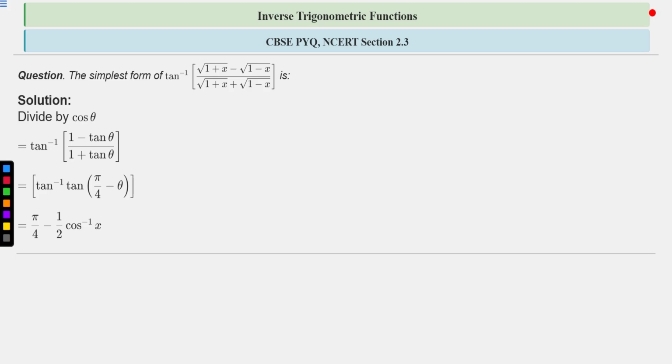So now tan inverse tan of (pi by 4 minus theta) can be written as pi by 4 minus theta, right? Clear? And finally, we will put the value of theta. So the final expression will be pi by 4 minus 1 by 2 cos inverse x. Clear? So our answer is pi by 4 minus 1 by 2 cos inverse x, right? Okay, let's move to the next question.